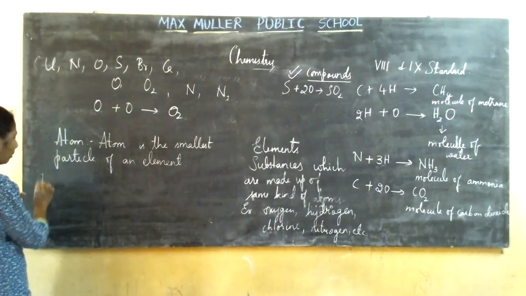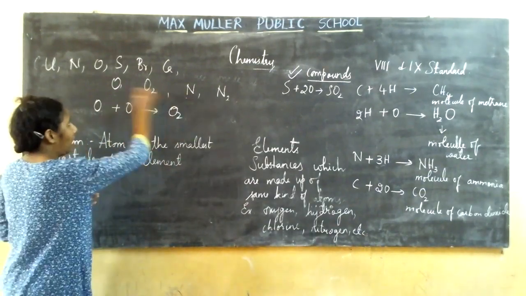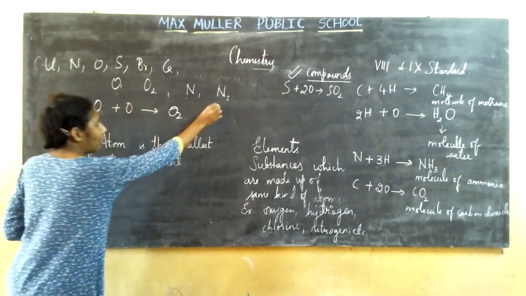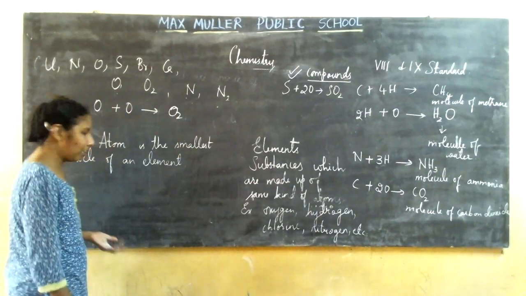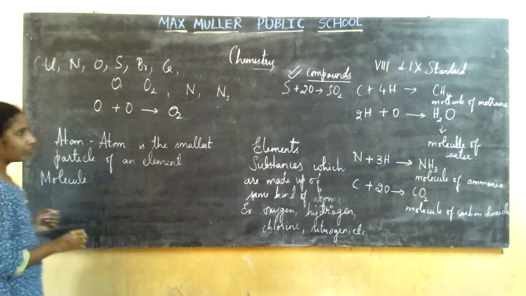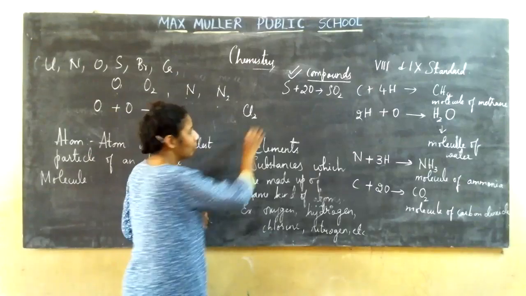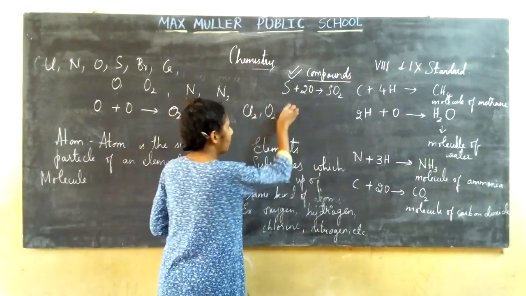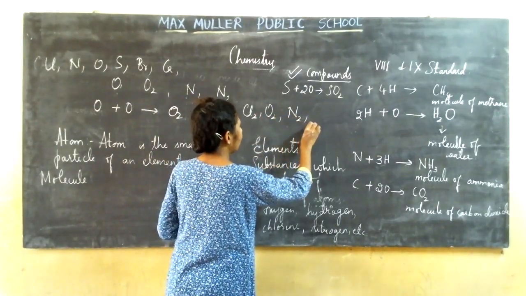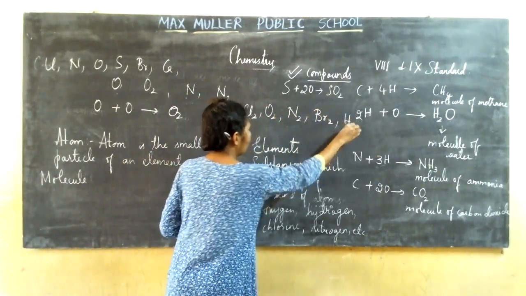Similarly, molecule. You people know that an atom of nitrogen or an atom of oxygen does not exist independently, whereas a molecule of oxygen and a molecule of nitrogen exist independently. So, molecule, listen to this carefully. Cl2, O2, N2, Br2, H2. What are they?